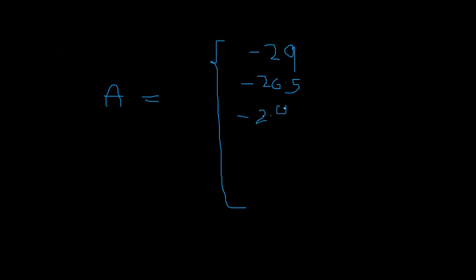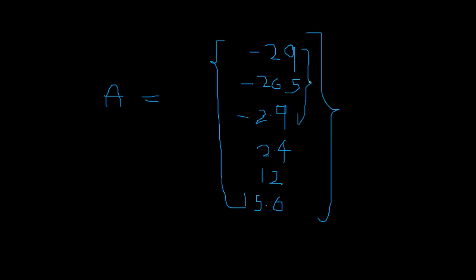So when you plug this in, your actions will be minus 29, minus 26.5, minus 2.9, 2.4, 12, and 15.6. So in the first member, you have minus.